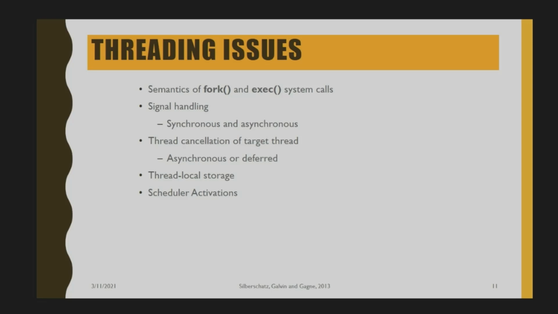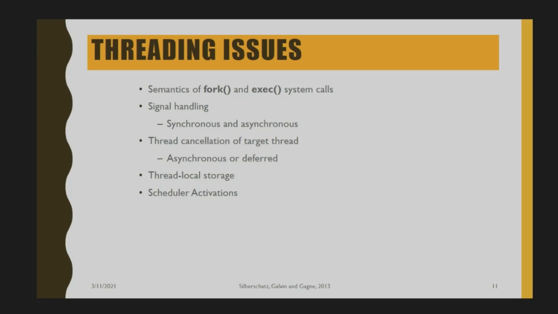Okay, the next point is about thread cancellation of a target thread. The issue here is about asynchronous or deferred cancellation. Thread cancellation involves terminating a thread before it has completed.